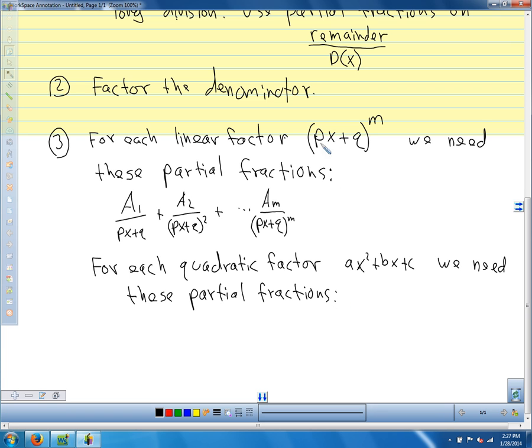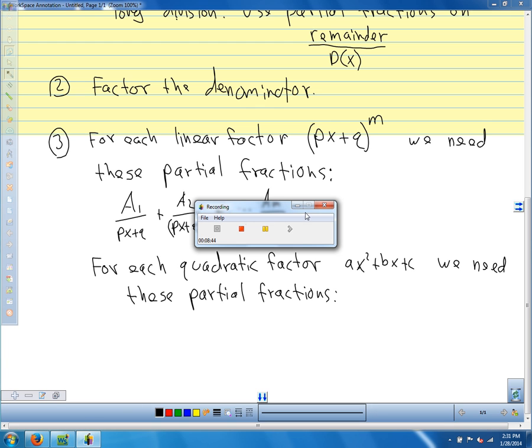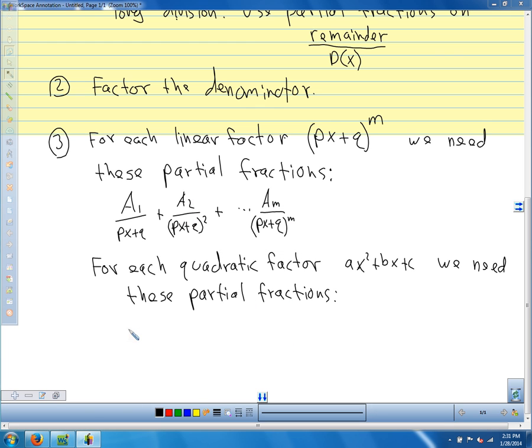So the only difference between our linear factors and our quadratic factors is, instead of a constant a1, a2, a3, dot, dot, dot, am, the A's are just constants, just numbers. So we need these partial fractions.